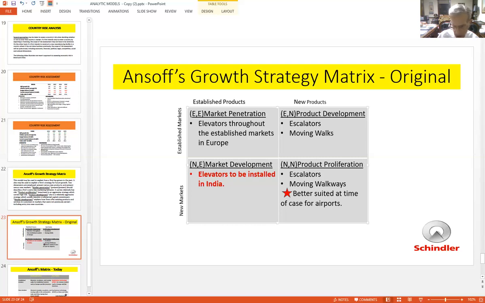We're talking about taking new products into new markets. So when Schindler developed escalators, that was a new product. And moving walkways were new products. And they were very successful in developing moving walkways for airports as well as for commercial buildings.